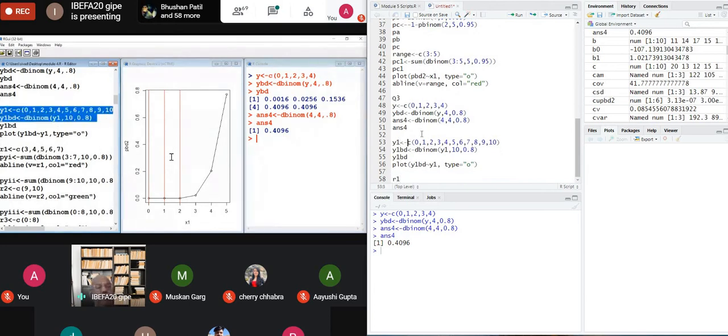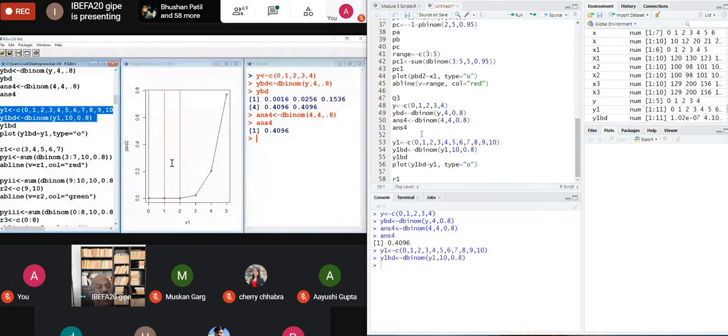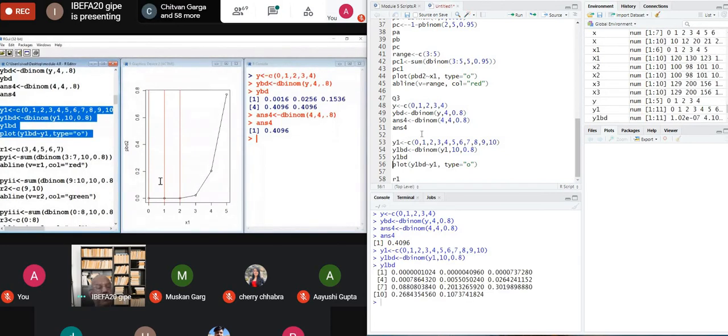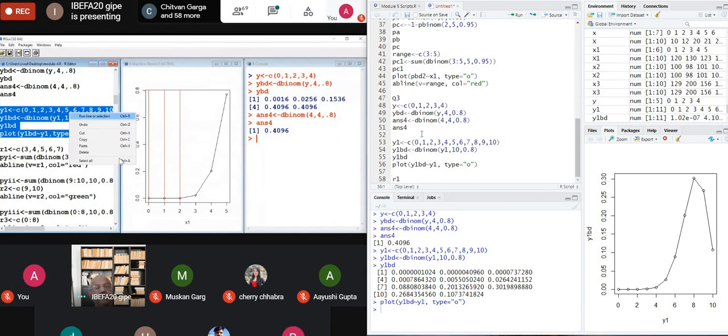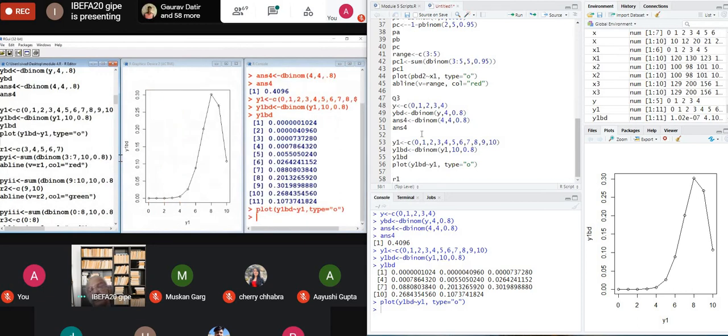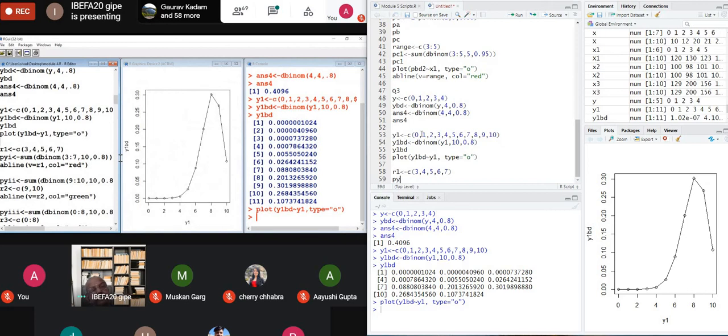Probability will be 0.8. Compute it and plot it. In total, how many probabilities are computed? 11. Correct. This is the graph.